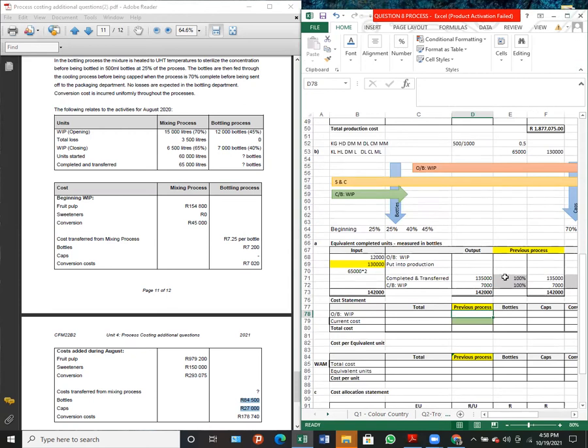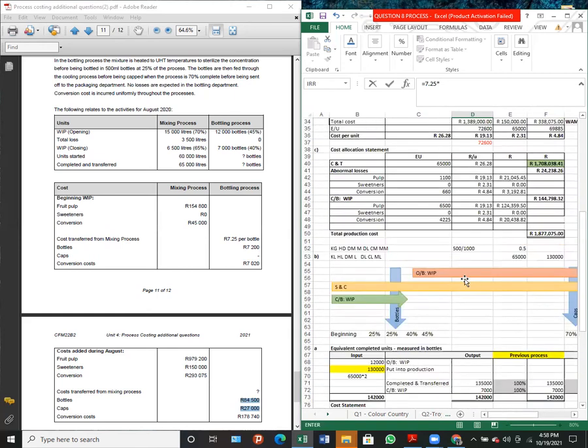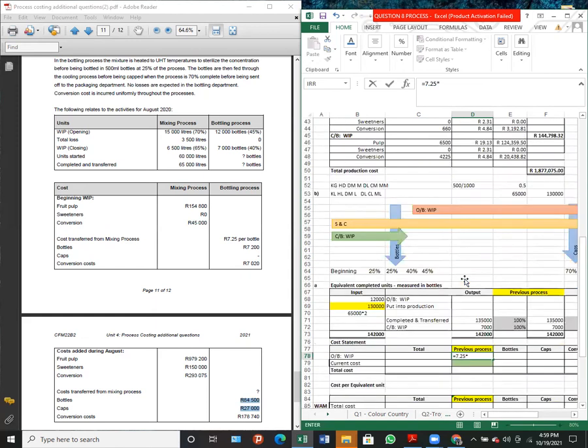Okay, let me help you here, ne? Please be with me. Here, guys, we have been given R7.25 per bottle, ne? Times opening, ne? Opening, ne, guys? Let's go here. How many units?